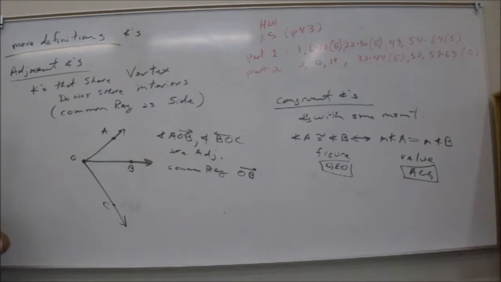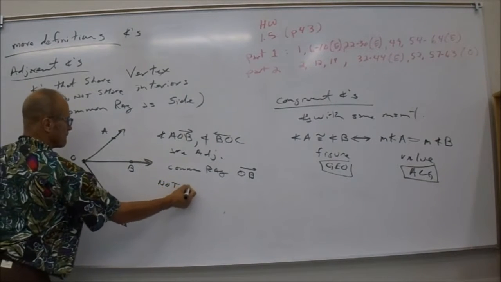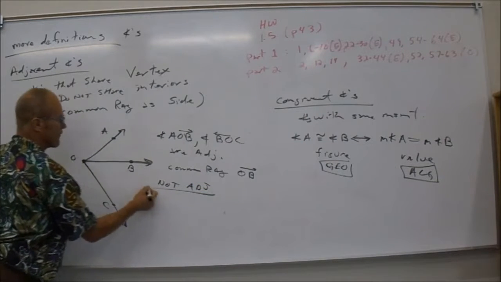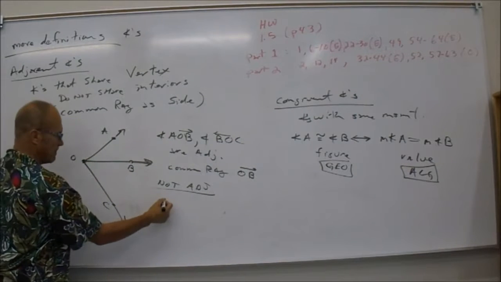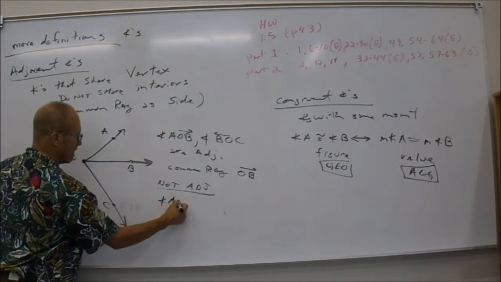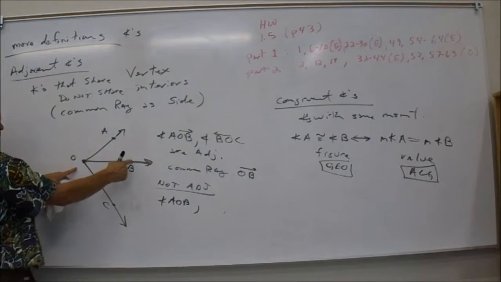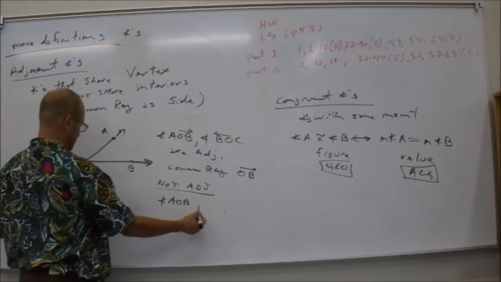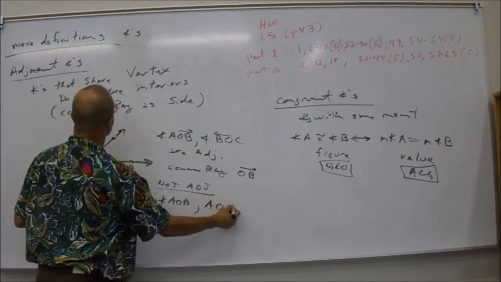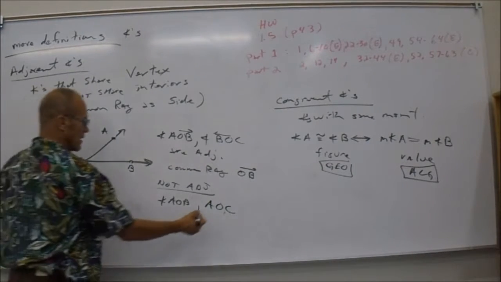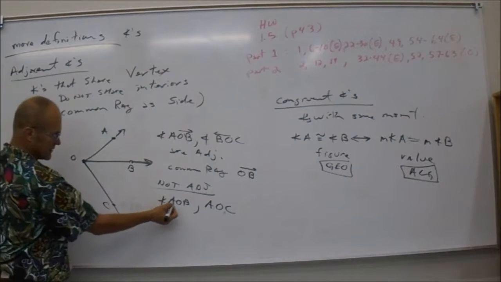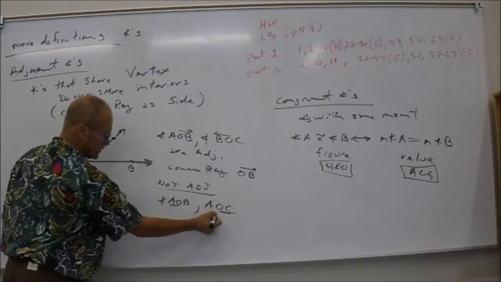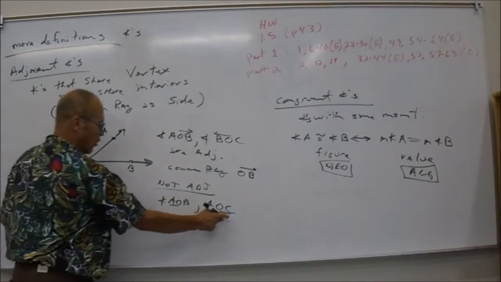All right? Now, some examples that are not adjacent, you can see directly from the actual name. If I go AOB, and I look at AOC, these look like they could be adjacent because they have a common ray right here, OA and OA.